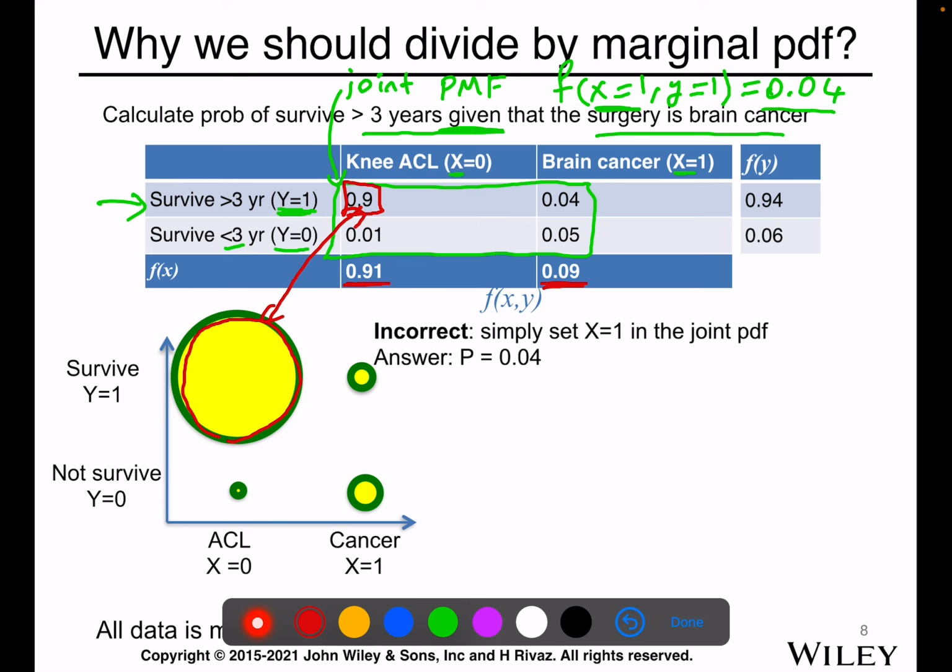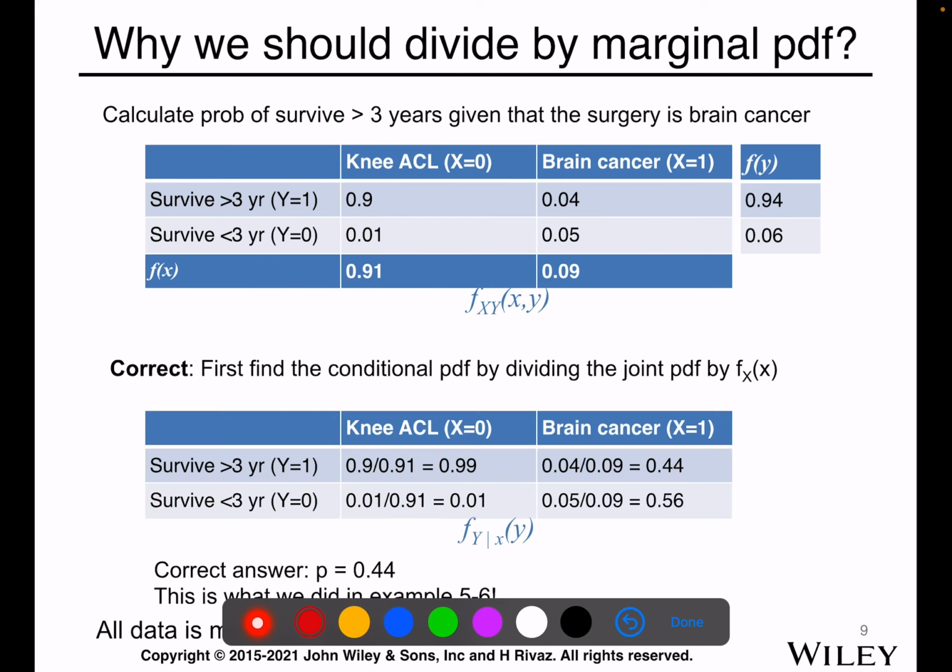So in order to find the correct conditional probability, we knew this from chapter 2 or chapter 3? Chapter 2, I think. What we did in chapter 2, when we wanted to calculate conditional probabilities, is we always divided by the marginal. So this is my marginal probability. These two numbers are f of x, and these two numbers are my f of y.